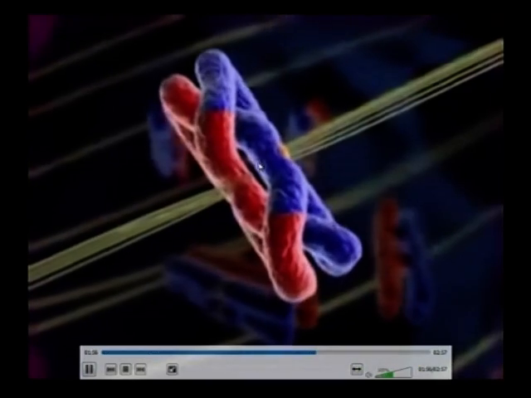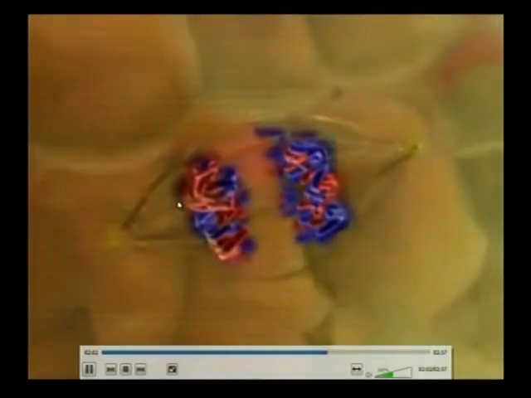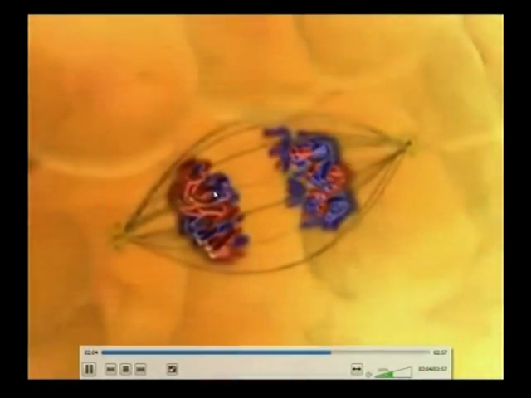In metaphase 1 we can see they are all arranged in the same line, on the equatorial plane. In anaphase 1 we can see the homologous chromosomes separate. This is the separation friends.